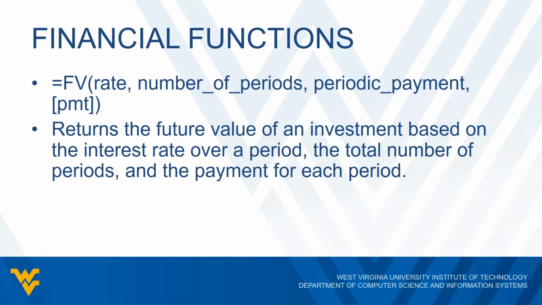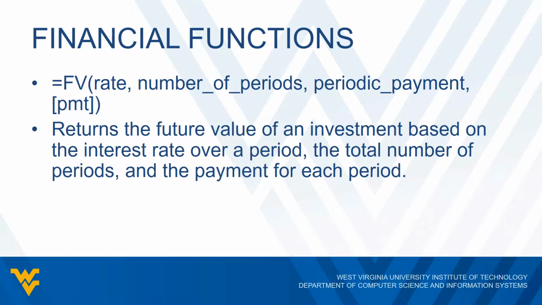This would tell us how much money we would actually get from this investment. So based on the interest rate over a period, the total number of periods, and the payment of each period, we can figure out how much we have accumulated. This is great, for example, if you want to save up for retirement, or invest in something that has some type of return.